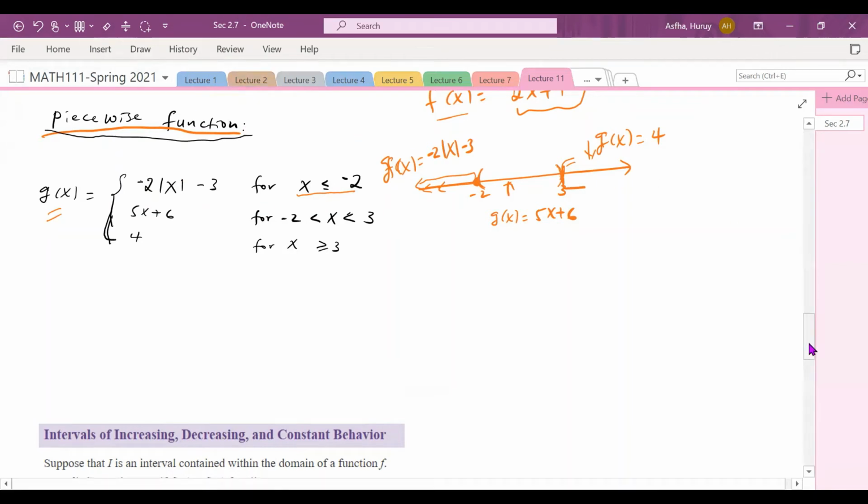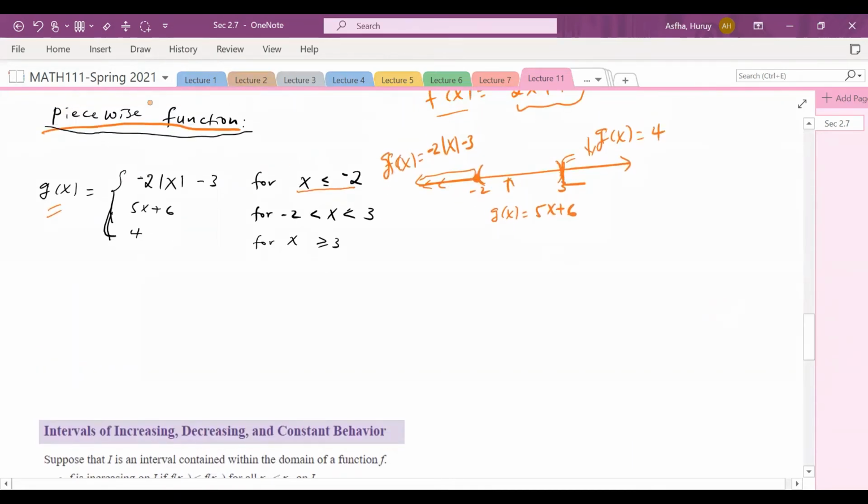So how can we evaluate a function? First, let's see how we evaluate this. Let's say, for example, g of -3. Now, this is the value of x. We are asked to evaluate this function at x equals -3. Now, where does this value fall?